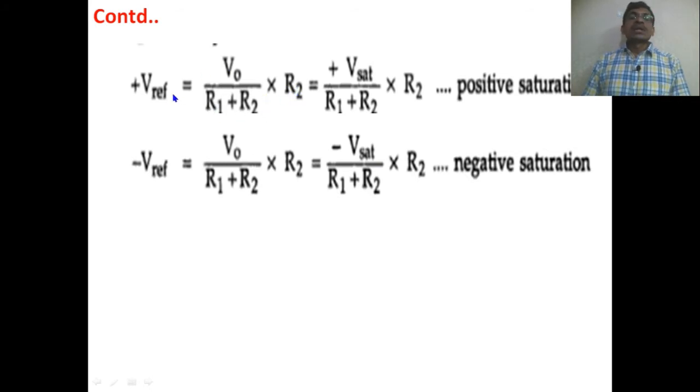In order to generate the plus V reference voltage, the V naught must be the positive V saturation, so it is equal to plus V saturation into R2 divided by R1 plus R2. And in order to generate the minus V reference voltage, the V naught should be equal to minus V saturation, therefore minus V saturation into R2 by R1 plus R2.